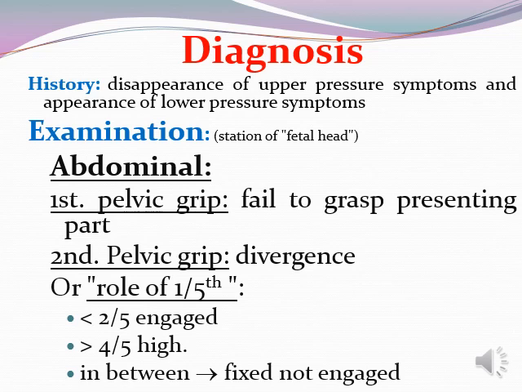Or you can use the rule of fifths. If less than 2/5 of the head is palpated, the head is engaged. If more than 4/5 of the head is palpated, the head is still high. And in between, it is fixed but not engaged.